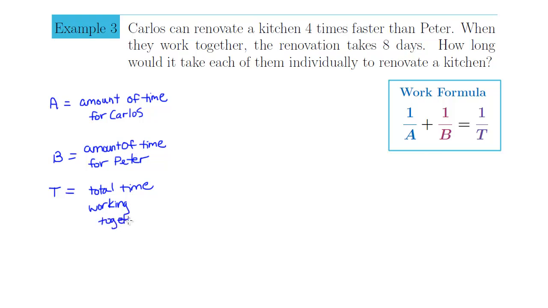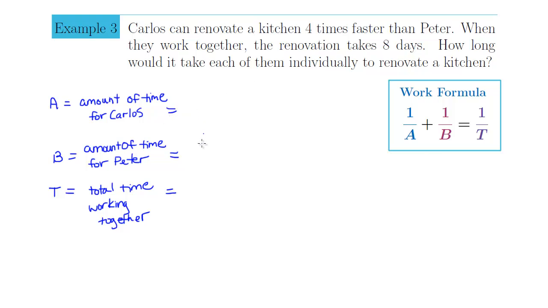Now let's go back to the problem and fill in exactly what each of these are equal to. A represents the amount of time that it takes for Carlos to renovate the kitchen. Well, the first sentence in our problem says Carlos can renovate a kitchen 4 times faster than Peter. But it doesn't tell us how much either Carlos or Peter takes to renovate that kitchen.